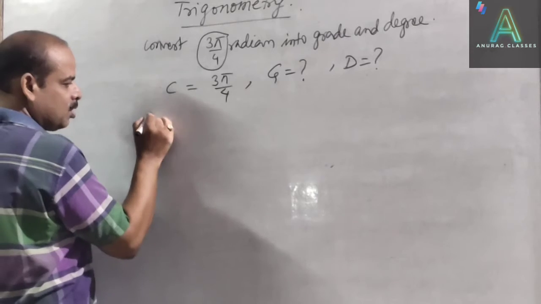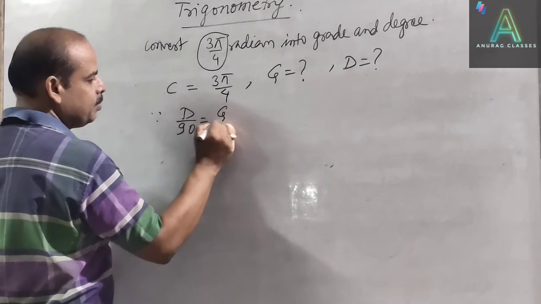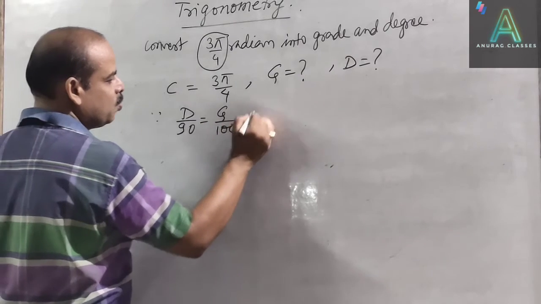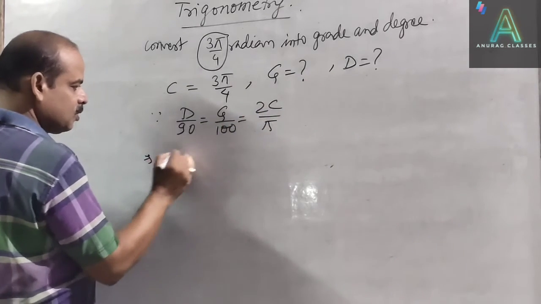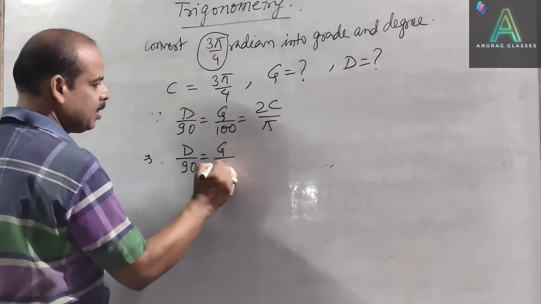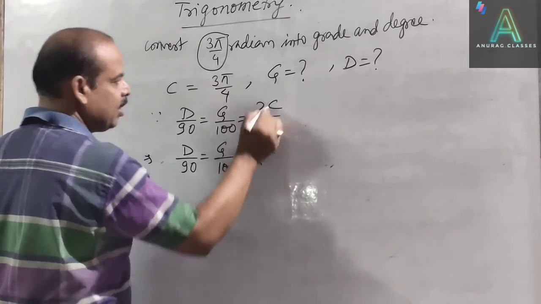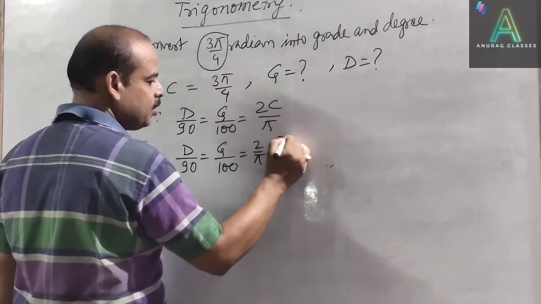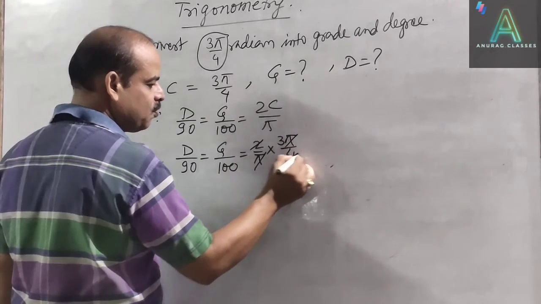So put the formula. Since d by 90 is equal to g by 100 is equal to 2c by pi, it gives d by 90, g by 100, 2 by pi, and the value of c is 3 pi by 4. So pi cancel, 2 2 is 4.